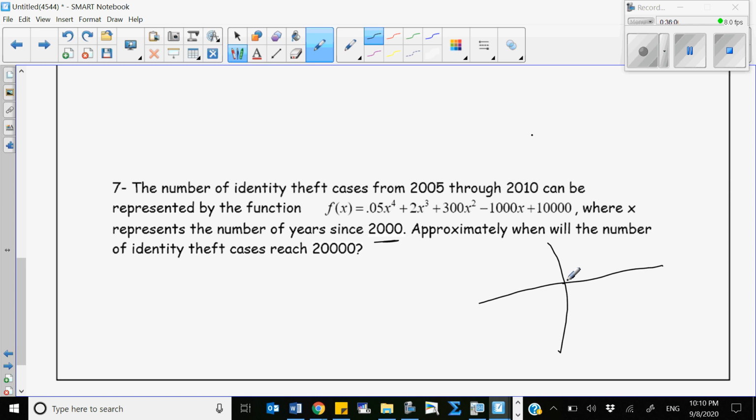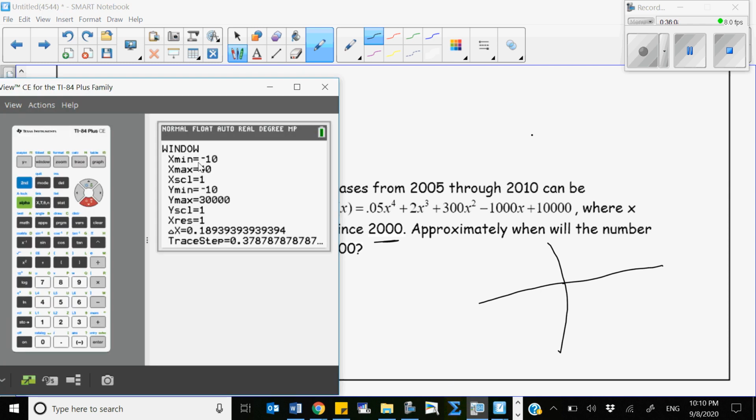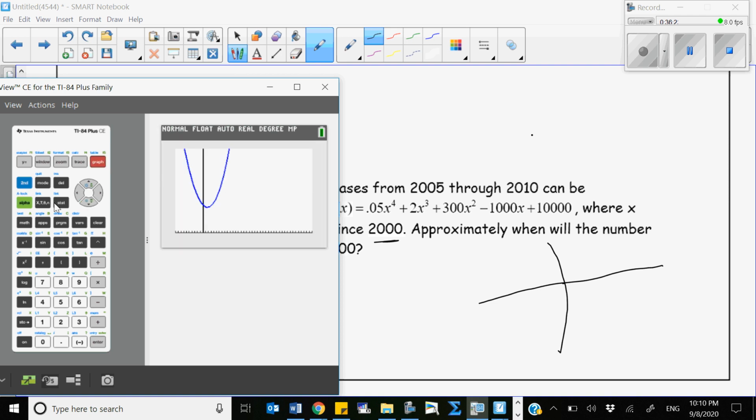So basically the X value is a small number between 0 and 10. So I go to the calculator, I changed it to 40. It could be even 30 or 20. Let's keep 40 here. And the Y value, just change it to a bigger number like 30,000 and see what happens. And okay, so this one looks better.